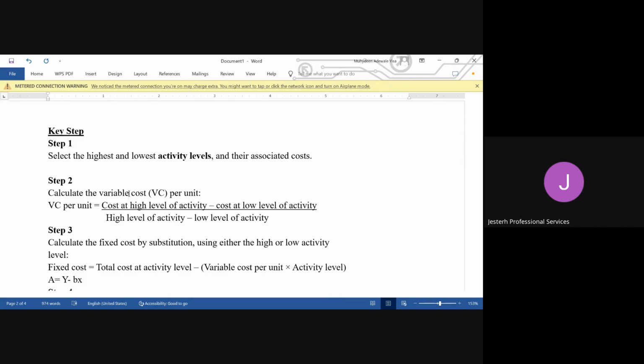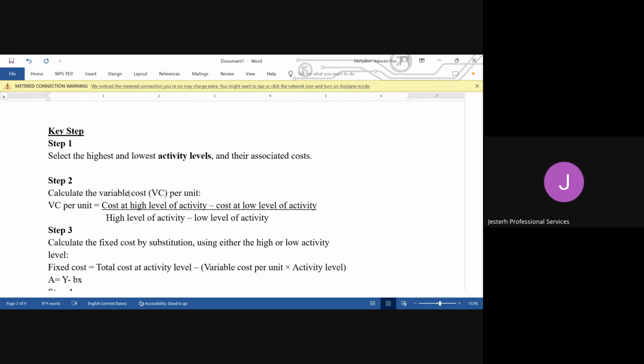If the cost of the high level of activity is 2,000, and the cost of the lower level of activities is 1,500, the difference between the cost of the high level and the cost of the lower level is what we are going to use to calculate the variable costs.